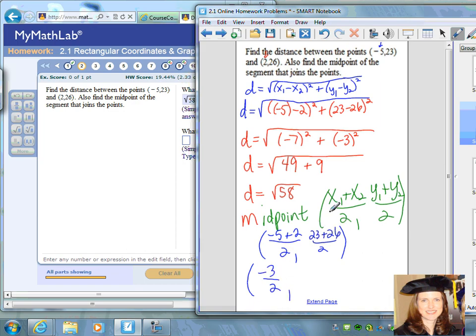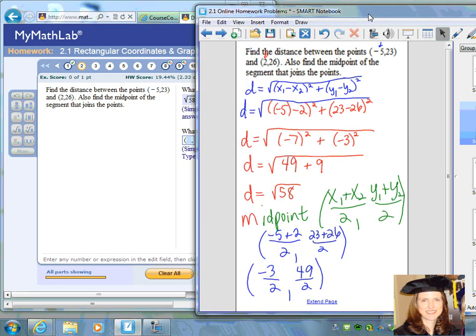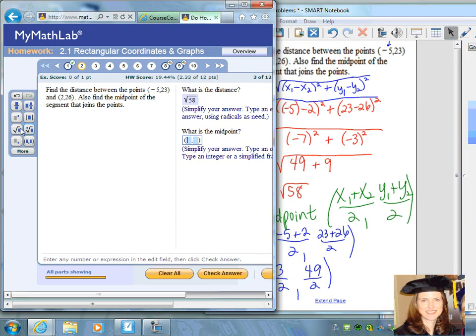Simplify the numerator, we get 49 over 2. Now I would suggest keeping those as fractions and making sure that you use parentheses to denote the ordered pair that is the midpoint. It's the point right in between those two. And our answer was negative 3 over 2 for the x value and 49 over 2 for the y value.